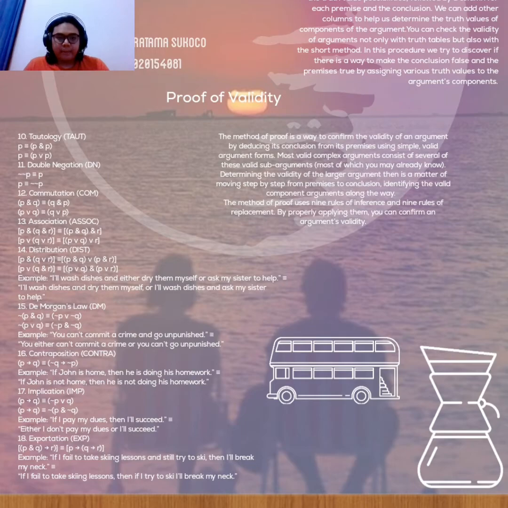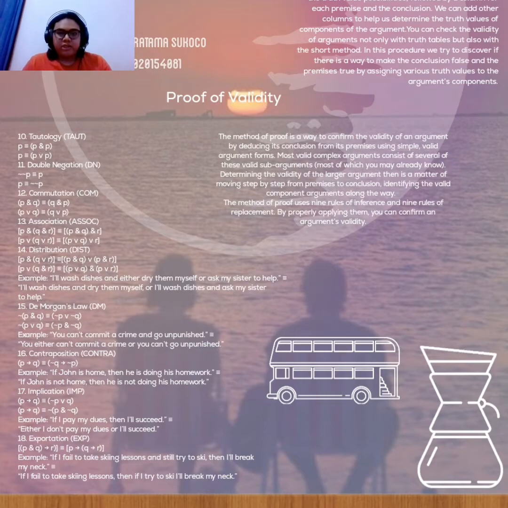Proof of validity. The method of proof is a way to confirm the validity of an argument by deducing its conclusion from its premises using simple, valid argument forms. Most valid complex arguments consist of several of these valid sub-arguments, most of which you might already know.